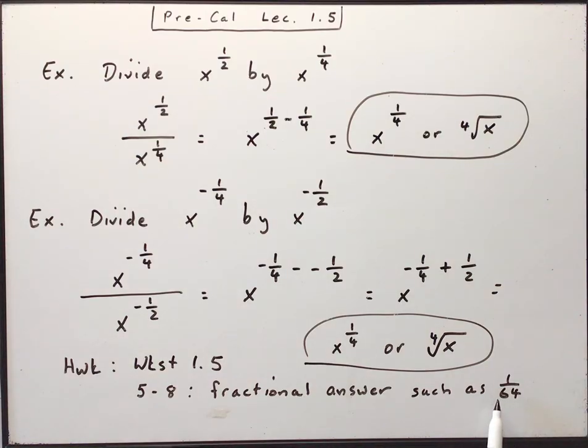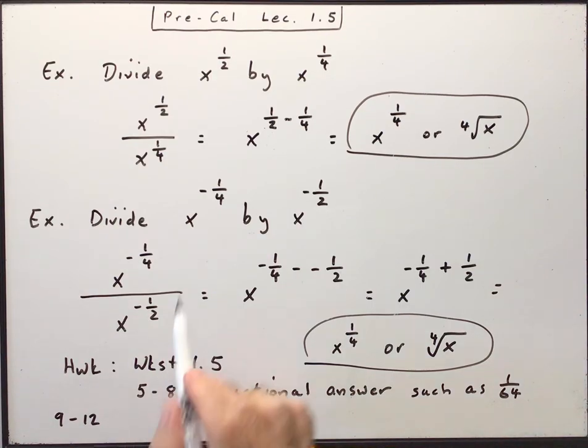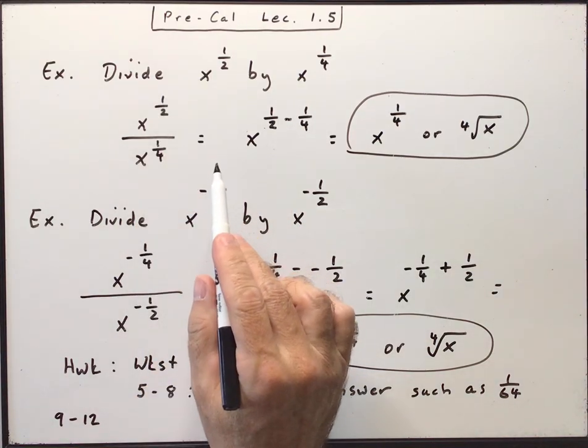And then with 9 through 12, those are all like these last two examples.